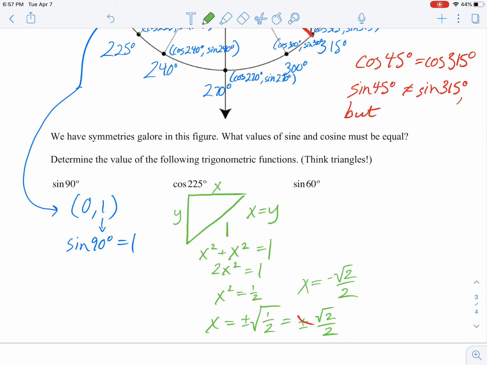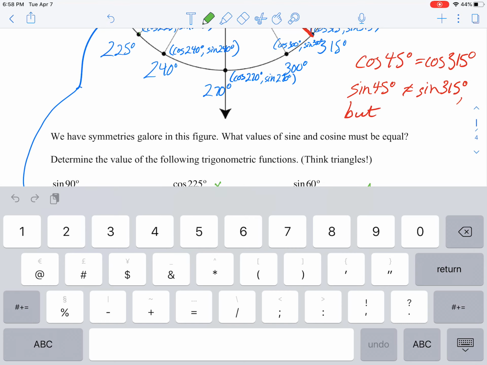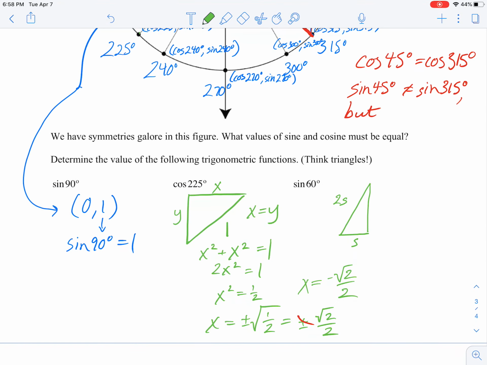Let's use our properties of a 30, 60, 90 right triangle. We know that if this is side S, then this is 2S, and this is S root 3.